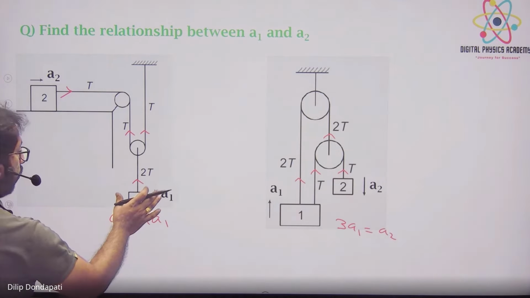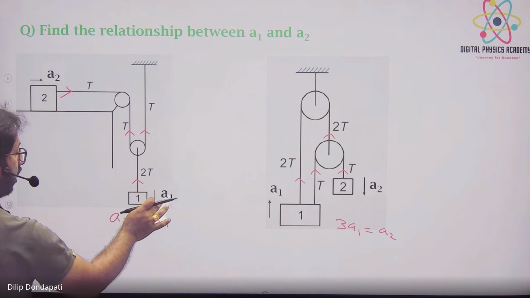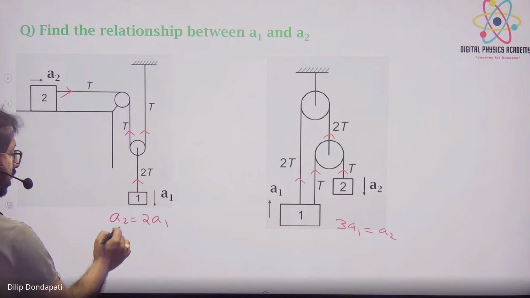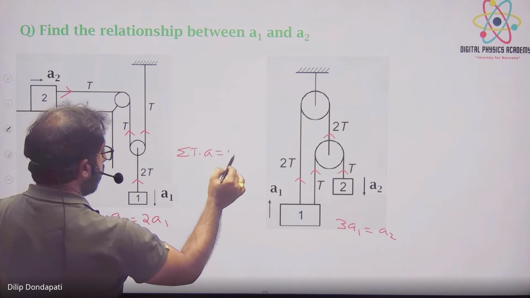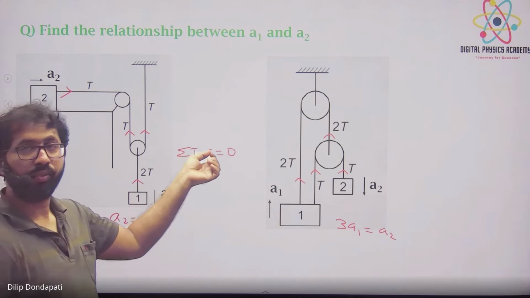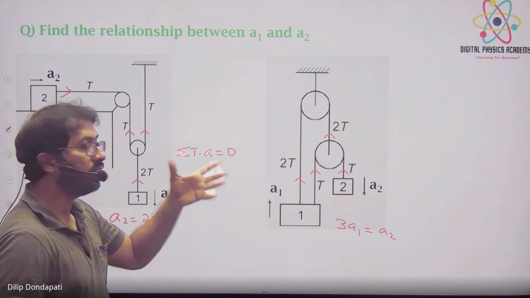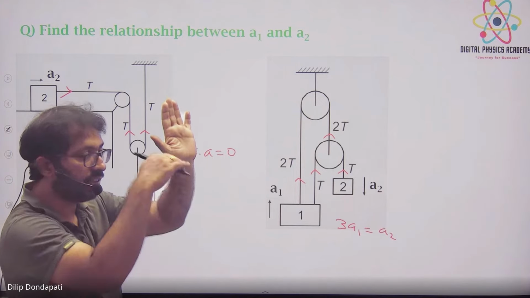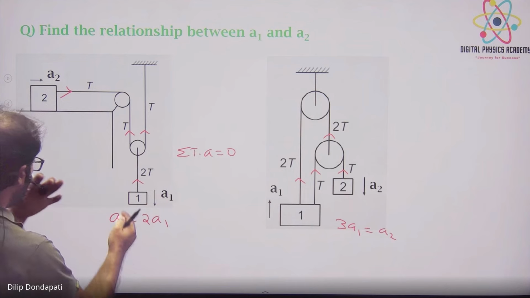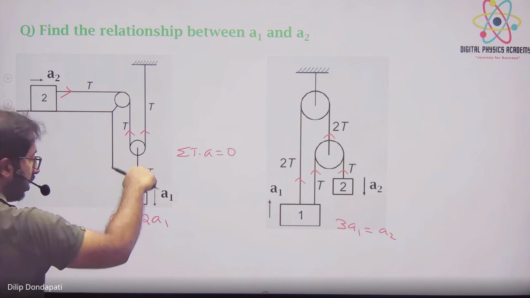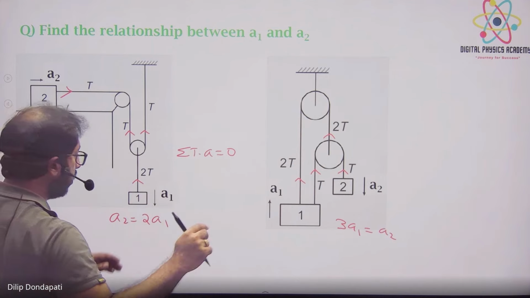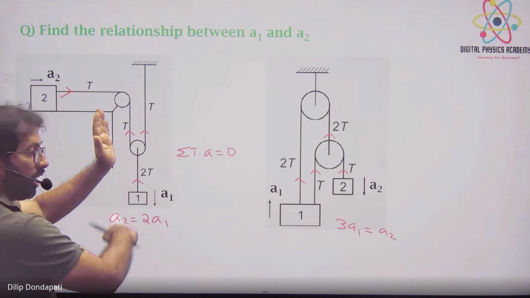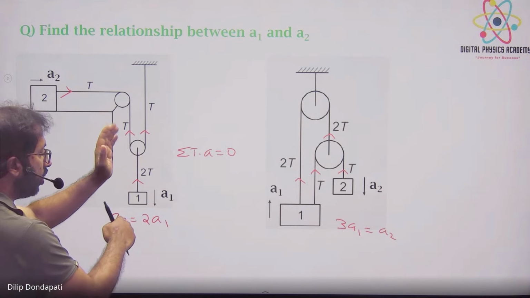Look, since acceleration is asked, we have to use sigma T dot a is equal to 0. When you expand it, you remember the formula, T a cos theta, where theta is the angle between tension and acceleration. Here tension and acceleration are in opposite directions, that's why cos 180 is minus 1. Always remember, if force and displacement or acceleration are in opposite directions, use minus.